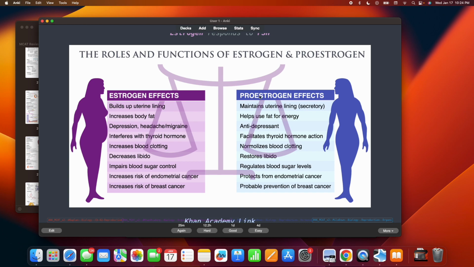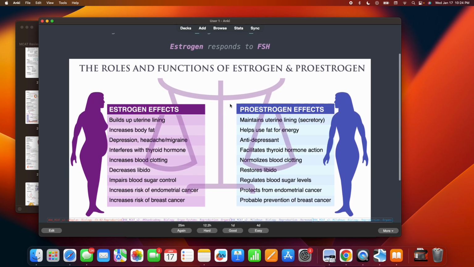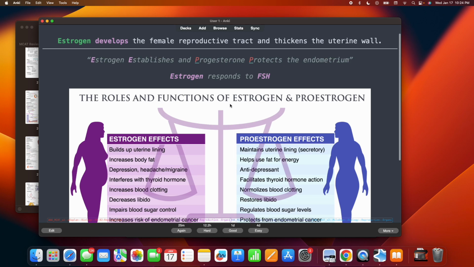But progesterone maintains uterine lining, secretory, helps use fat for energy, it's antidepressant, facilitates thyroid hormone action, normalizes blood clotting, restores libido, regulates blood sugar levels, protects from endometrial cancer, probable prevention of breast cancer. So estrogen is basically bad, we don't want it, but progesterone is really good, feels good.